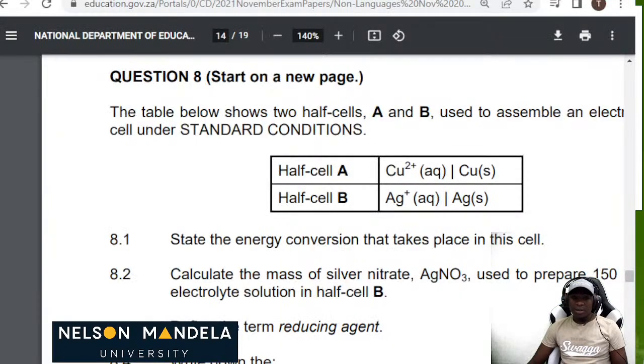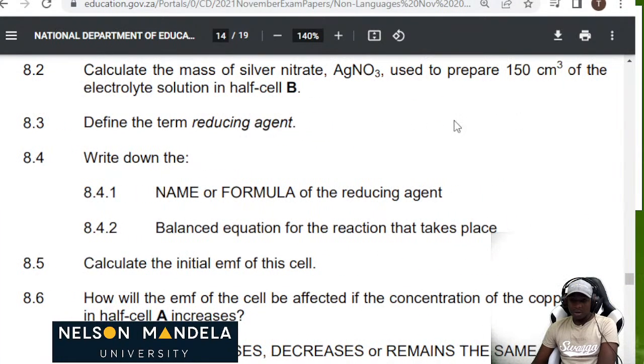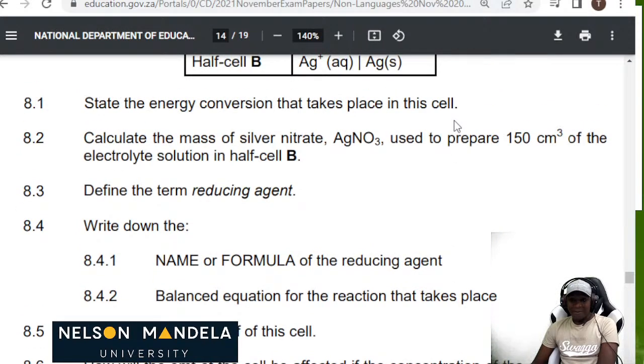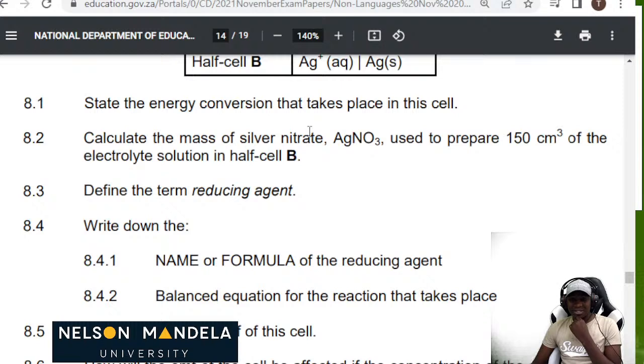Then now let's go to number 8.2. Calculate the mass of silver nitrate, AgNO3, used to prepare 150 cm³ of the electrolyte solution in cell B. This is our cell B, which is Ag, which is silver.